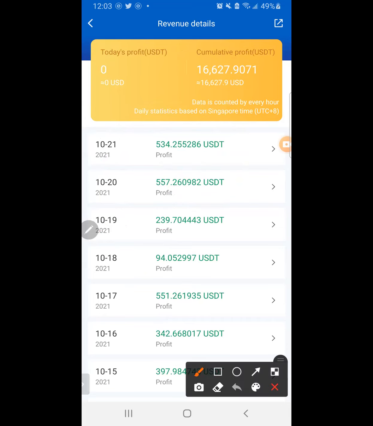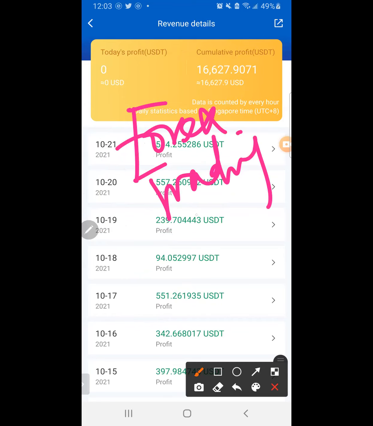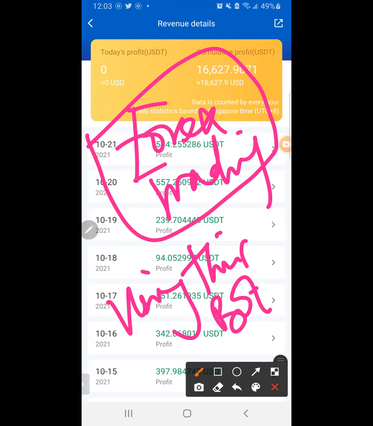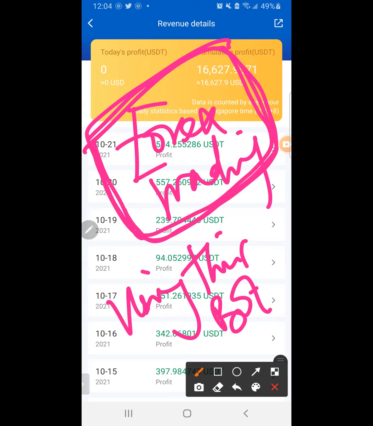Now, one thing about this bot is that you need to be able to differentiate it from forex trading and using these bots. They're two different things. If you come into this system as a forex trader with that mindset, with that discipline, you would not make it on this system.